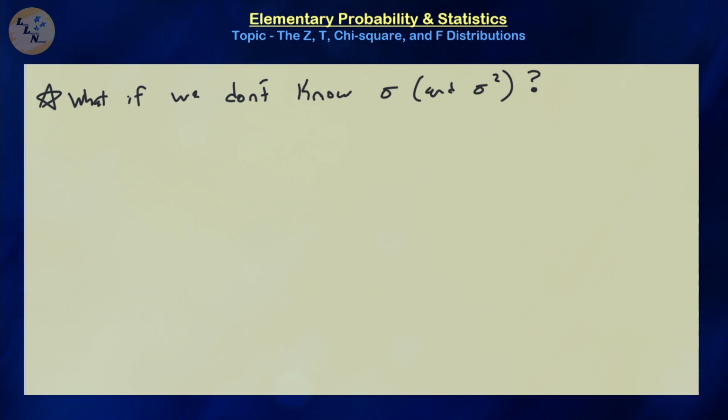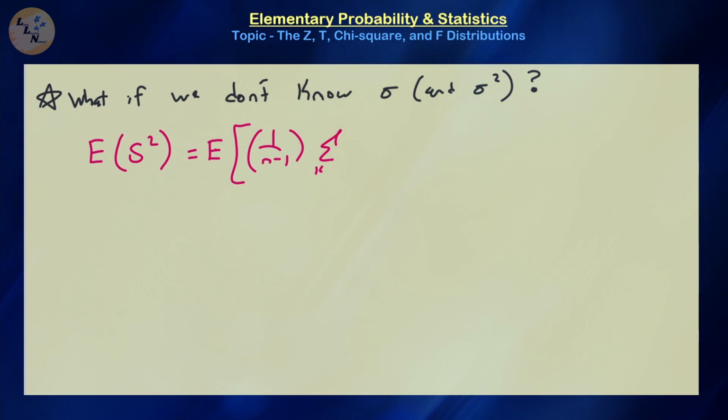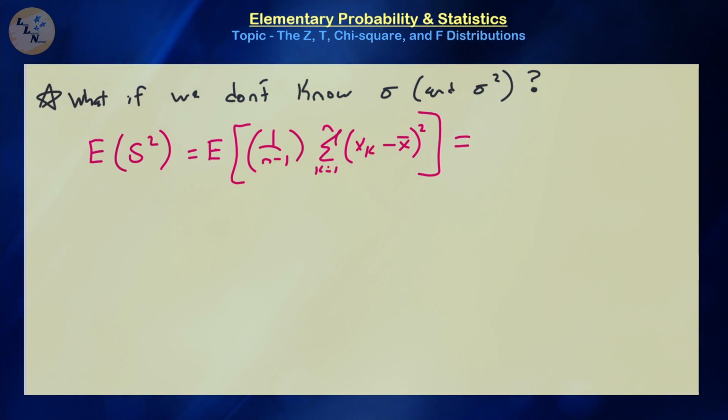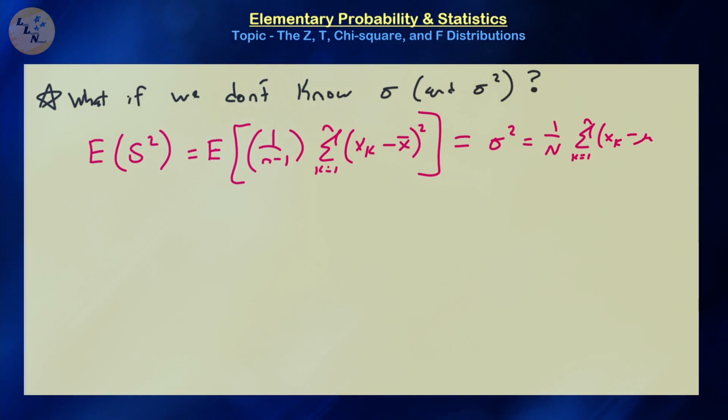So keep in mind, we have already proven that the expected value of the sample variance, i.e. the expected value of 1 divided by n minus 1 times the sum from k equals 1 to n of (xk minus x bar) quantity squared, actually is equal to sigma squared, i.e. 1 divided by capital N times the sum from k equals 1 to n of (xk minus mu) quantity squared.